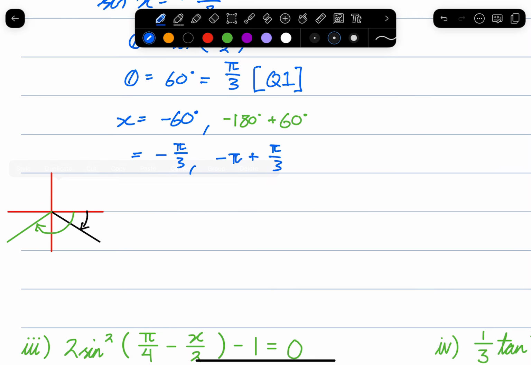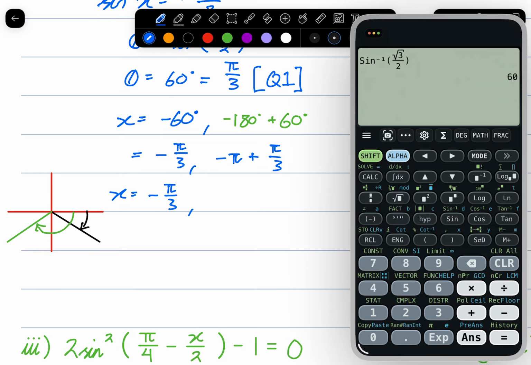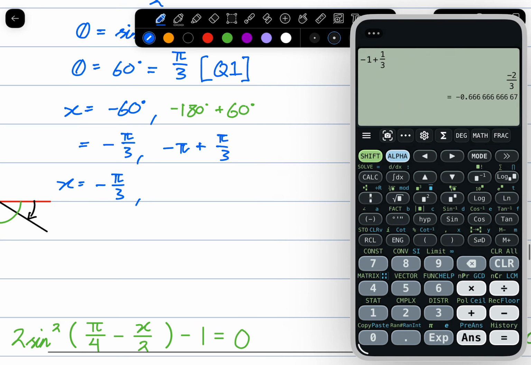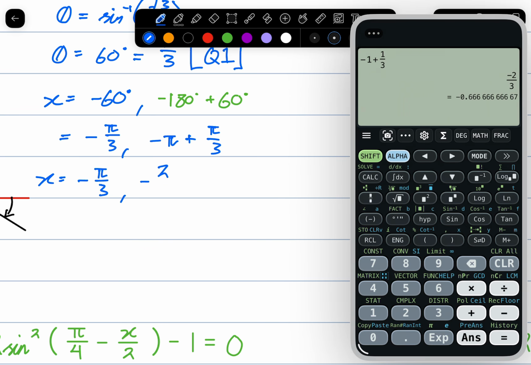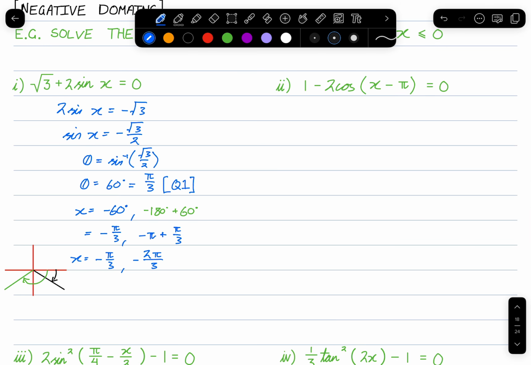So our final answer for x in this case is negative pi on 3, comma, and for this one, you can write it as negative 1 plus 1/3, that's negative 2 pi on 3. And those are our two solutions for this equation.